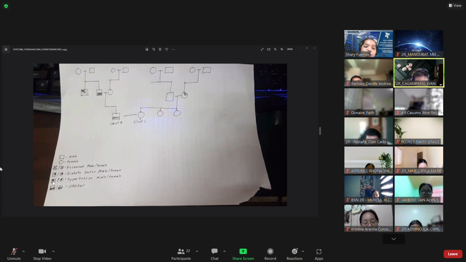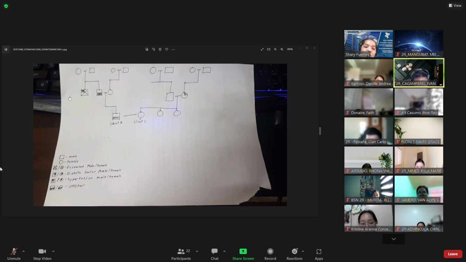And then next, kung ang box nasa upper left, kay hypertension, male or female. And then if naay half na line sa baba na naka-shade, means smoker siya, male or female.